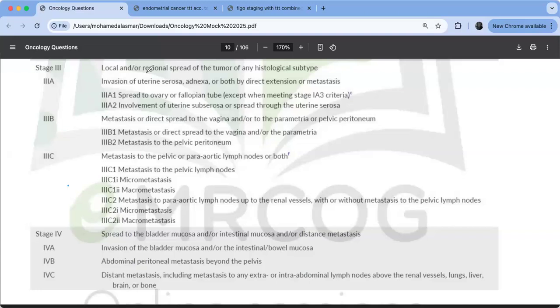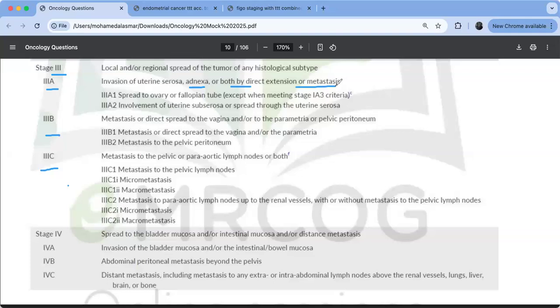Okay, so what is stage 3? Stage 3 could be 3A, 3B, and 3C. This might be important for the staging question. If he gives you a staging question and tells you the following tumor, according to the FIGO 2023 staging it is stage, so you can choose. 3A is invasion of the uterine serosa, adnexa, or both by direct extension or metastasis.